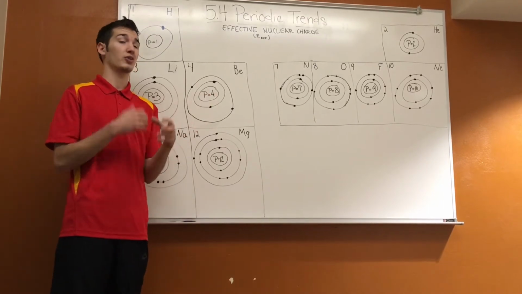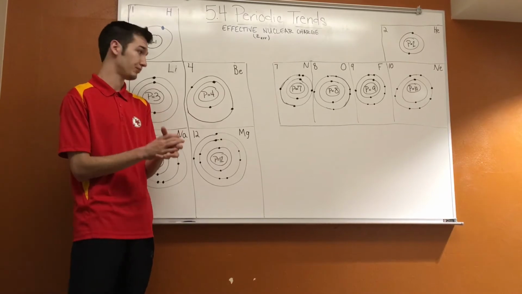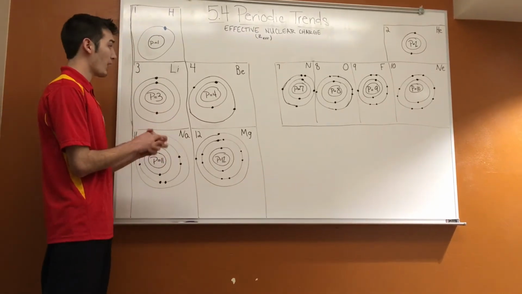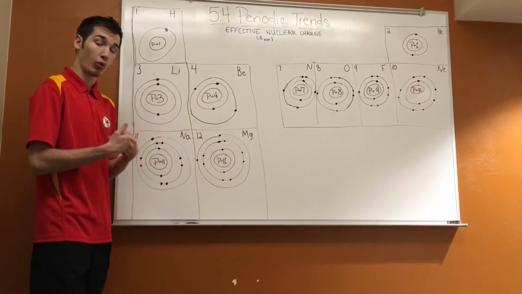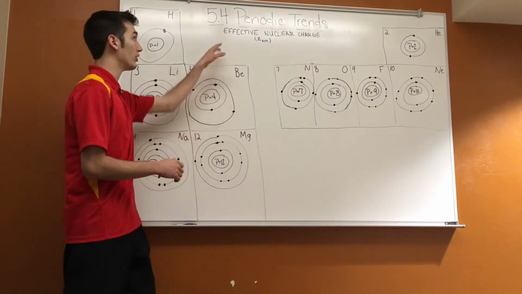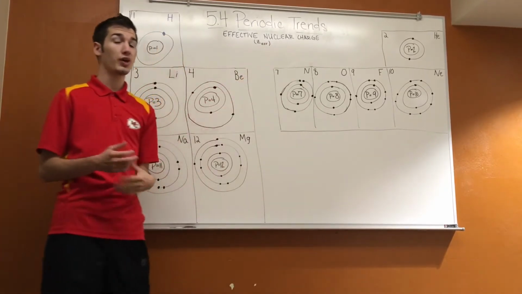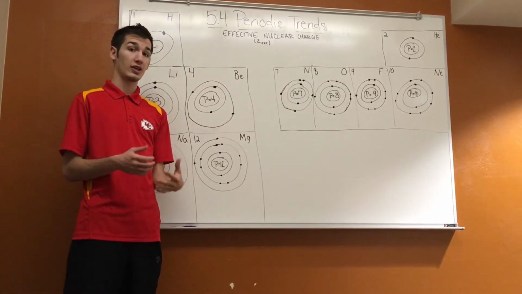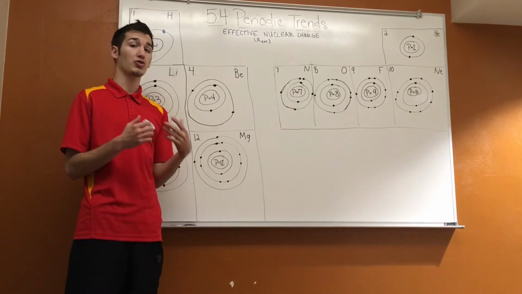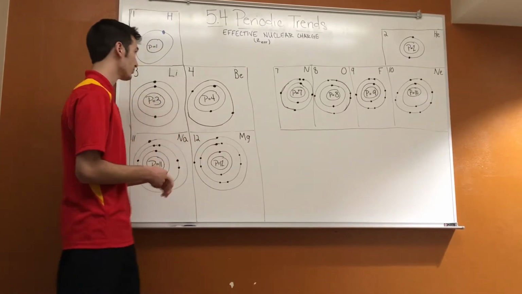Our protons are constantly pulling on our electrons and keeping them close to the atom. So how much do these protons pull on electrons? Well, that's something we call effective nuclear charge. Effective nuclear charge is how strongly the protons can pull on electrons.